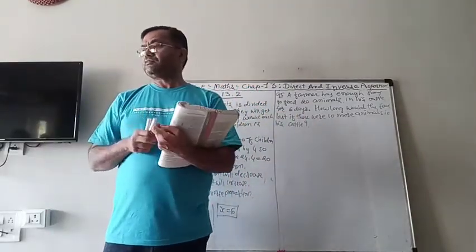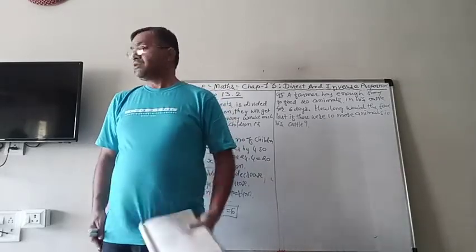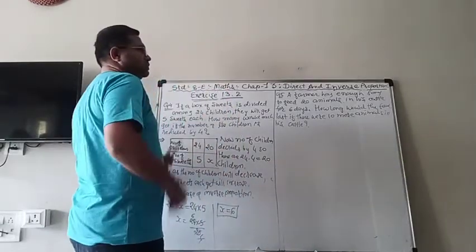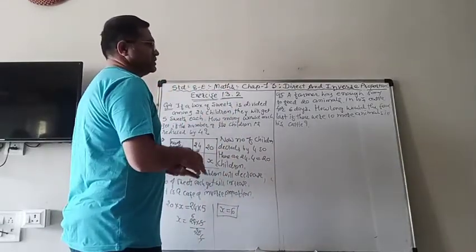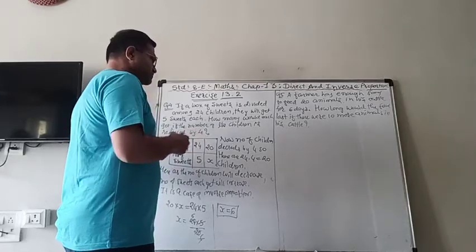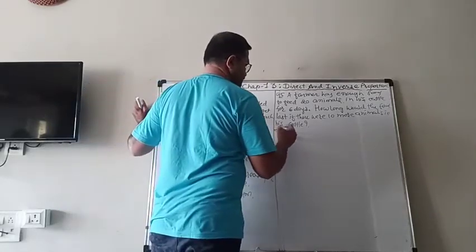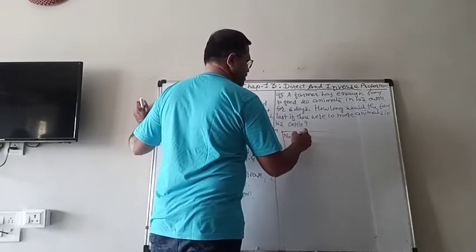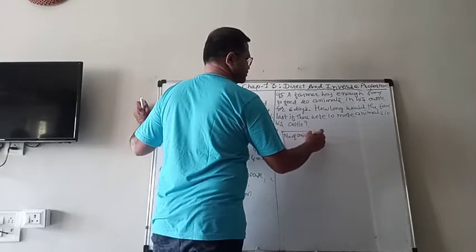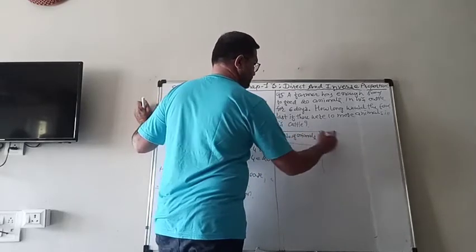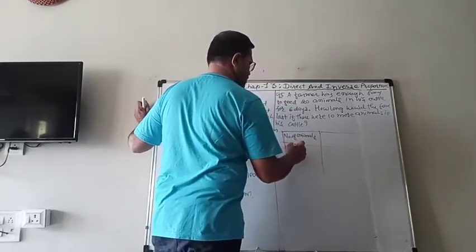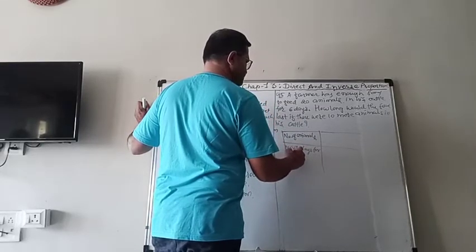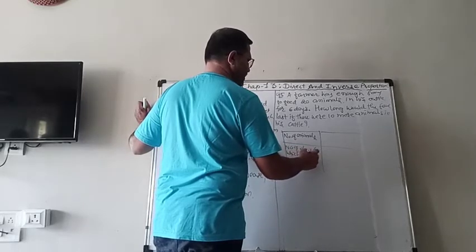So here we can see that we have to find the relation between number of animals and number of days for which food lasts.